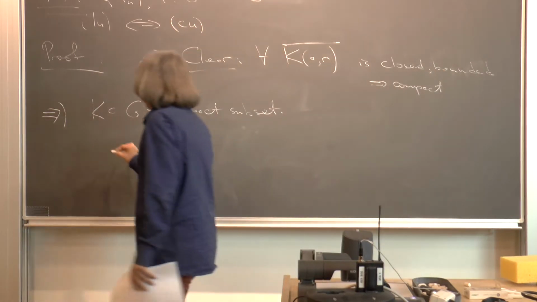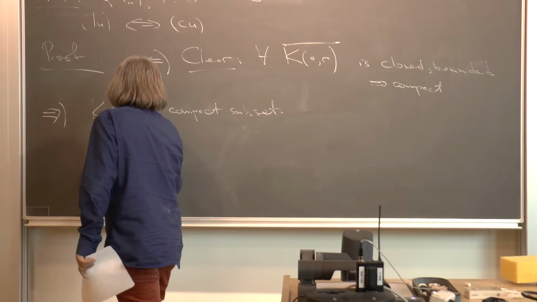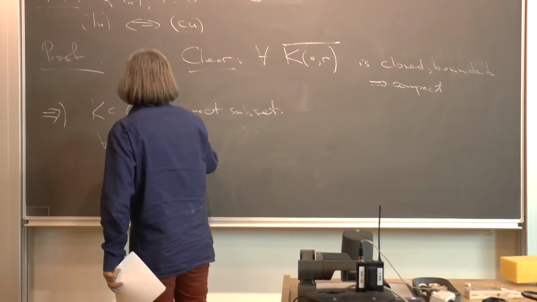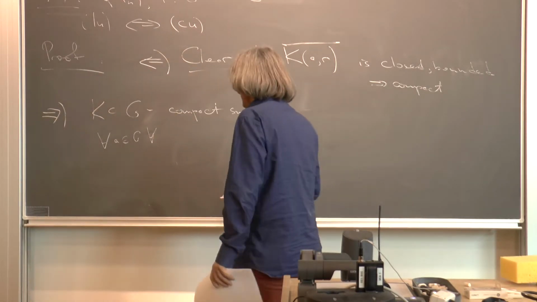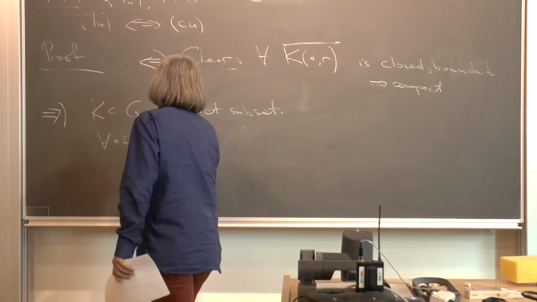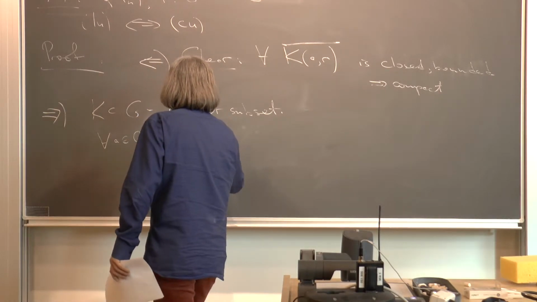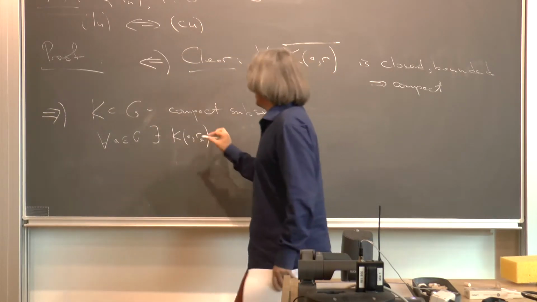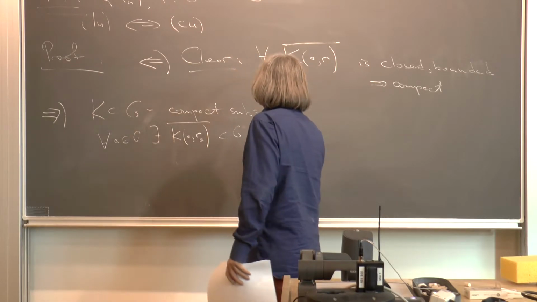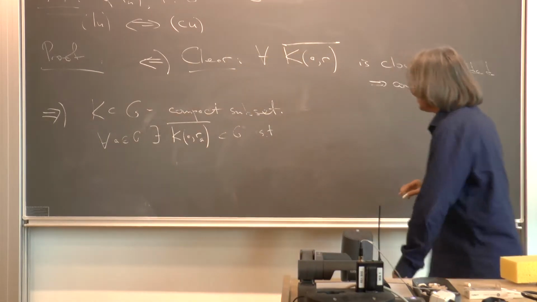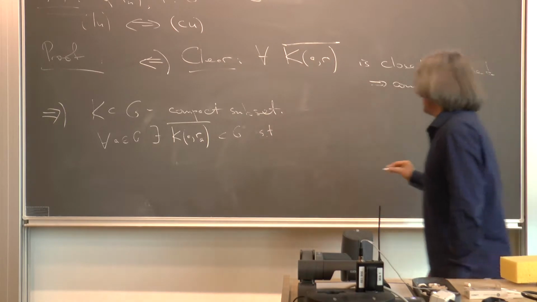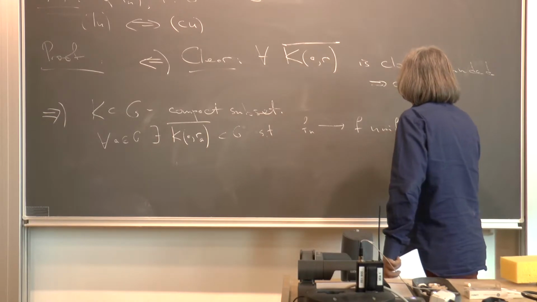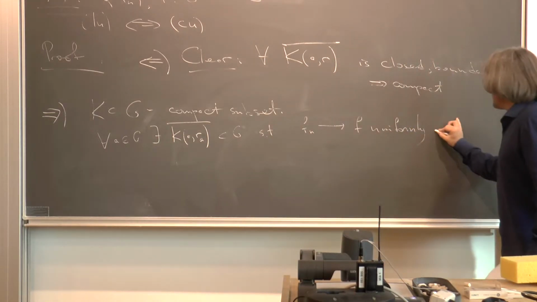So for any point A in G, there exists this closed disk, with the radius, of course, depending on the point in G, such that Fn converges to F uniformly on the disk.